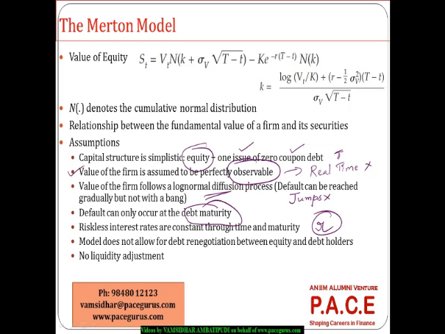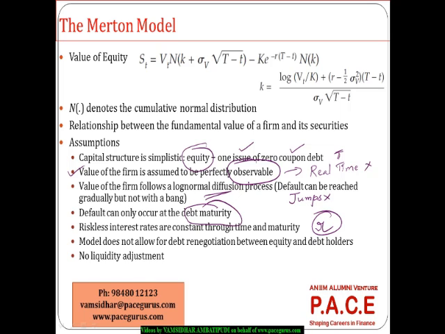And this model does not allow any kind of debt renegotiation between the debt and equity investors. Generally, whenever there is a kind of default that is being sensed, there will be some kind of a renegotiation that can happen between the debt and the equity investors. Otherwise, what happens is the debt investors are going to receive the whole amount and equity investors might end up receiving zero.